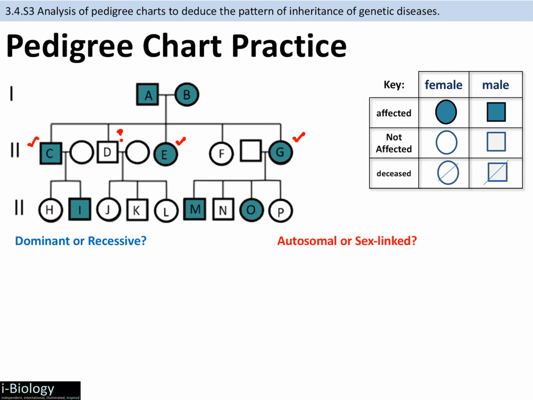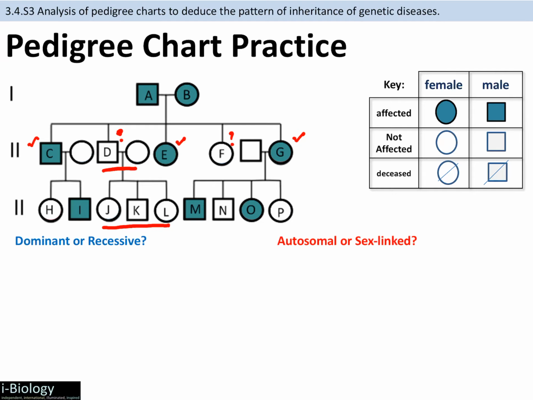E is affected and G is affected and F is not affected. So let's look at the small one. These three, all three are not affected. This one, both normal, but this one having definitely one trait coming from the parents.